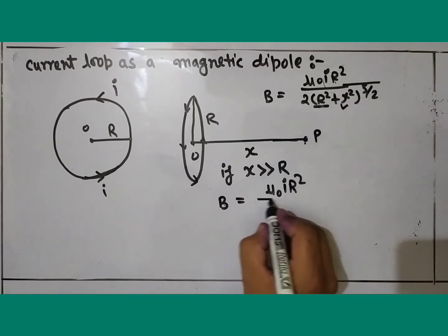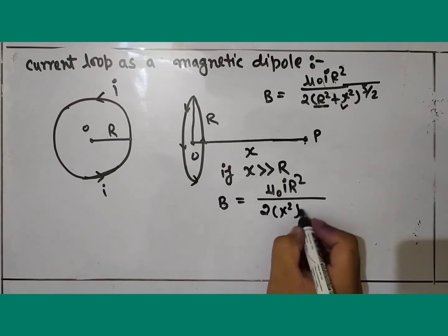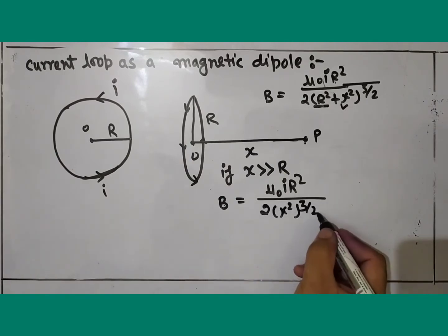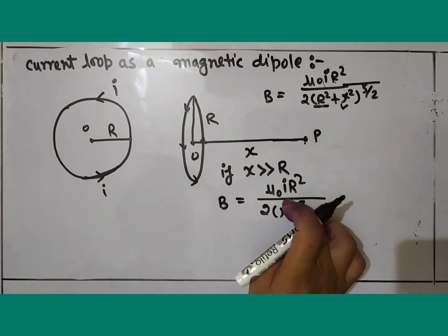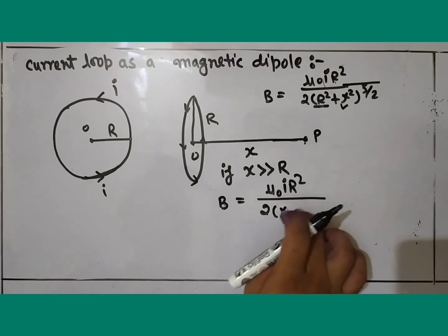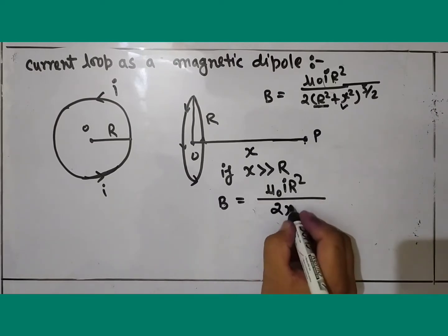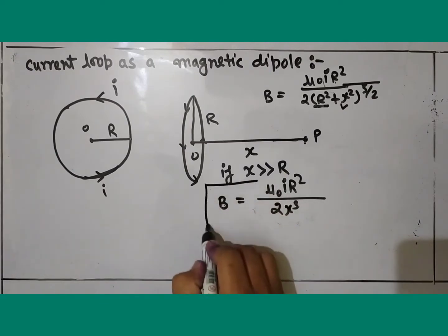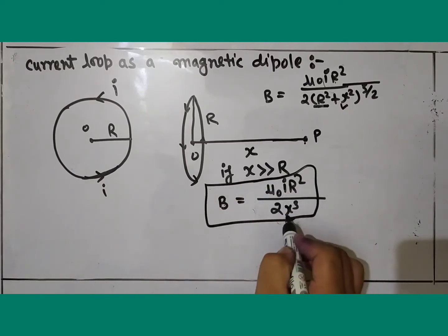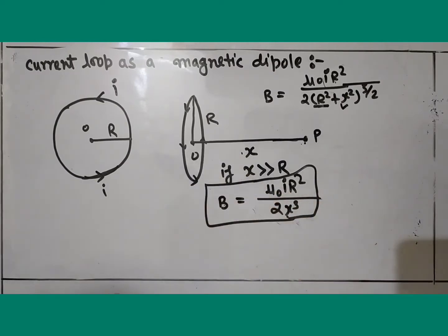So it will become mu naught I R square over 2 times x square whole raised to the power 3 by 2. Now here the 2 and 2 will cancel each other, and it will become 2x raised to the power 3. Okay, so this is the expression for the magnetic field at point P, which is at a large distance x from the center of the loop.